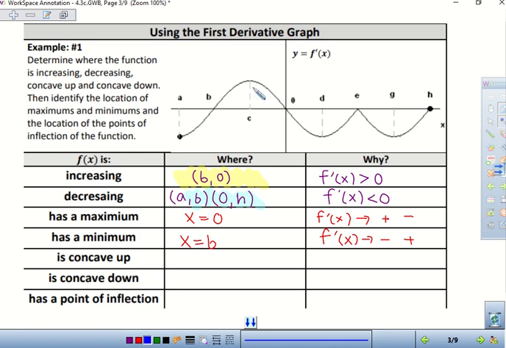So the second derivative compared to this would be the slope of this function. This is the slope of the derivative, right? So now we're going to look at the slope of this function, okay? So it's going to be concave up everywhere the slope of this is positive, which is here, here, and here. That's concave up.